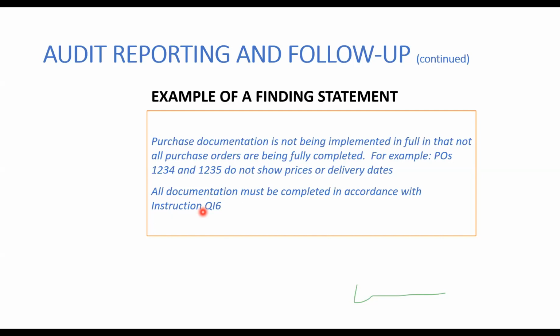Then you will mention that in reviewing PO 1234 and 1235, we do not find any prices or delivery dates. So you can write the finding statement in any order, but the three main elements should be covered. The first element is the non-conformity. What is the problem? The overview of the non-conformity, the evidence, the most important thing, and the requirement.